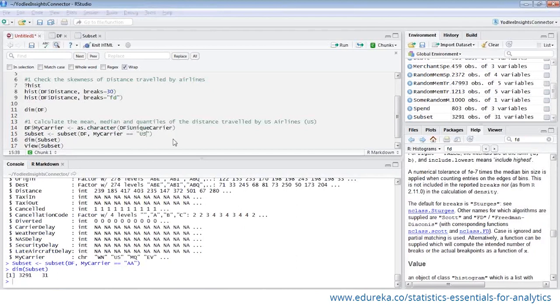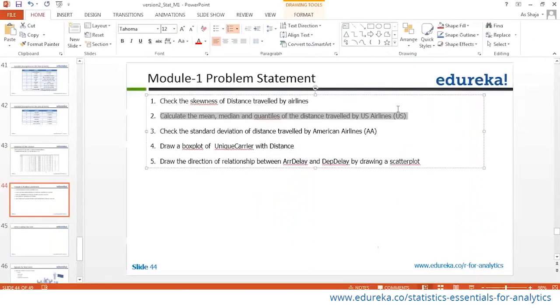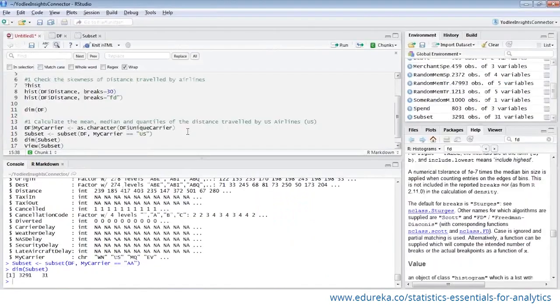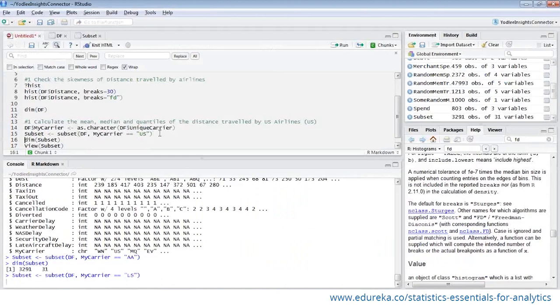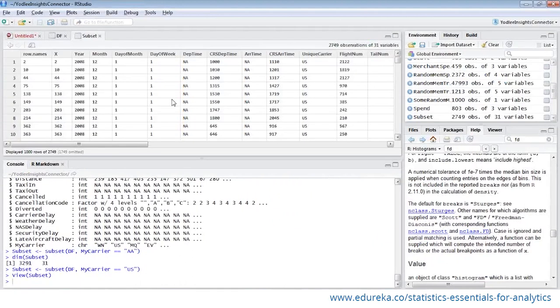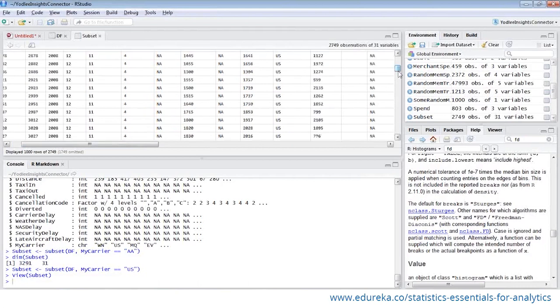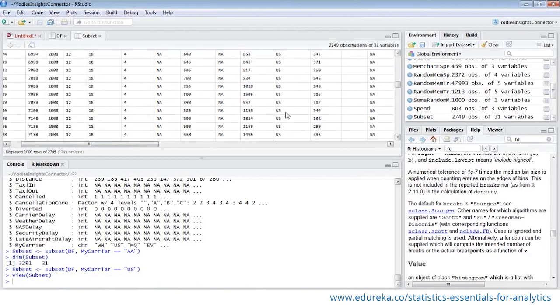So coming to our question, if you are interested in finding out the mean, median, quantiles of the distance traveled by US Airlines in specific, the first step is to filter the data related to US Airlines. If you see this data, you will realize the unique carrier column now contains only US airlines. Okay, fine.